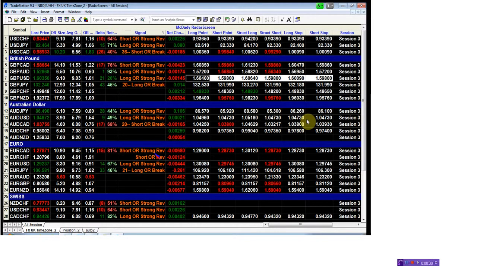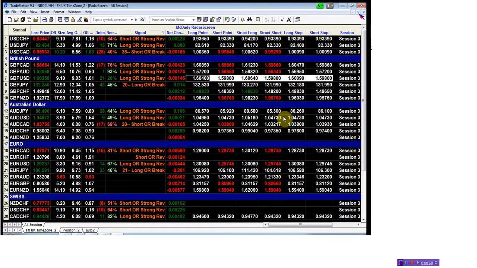But looking at the radar screen, we closed the week at 160.30. We have a structure short point at 159.80, which is a big structure point. That's the granddaddy, one of the big structure points, the 159.80.